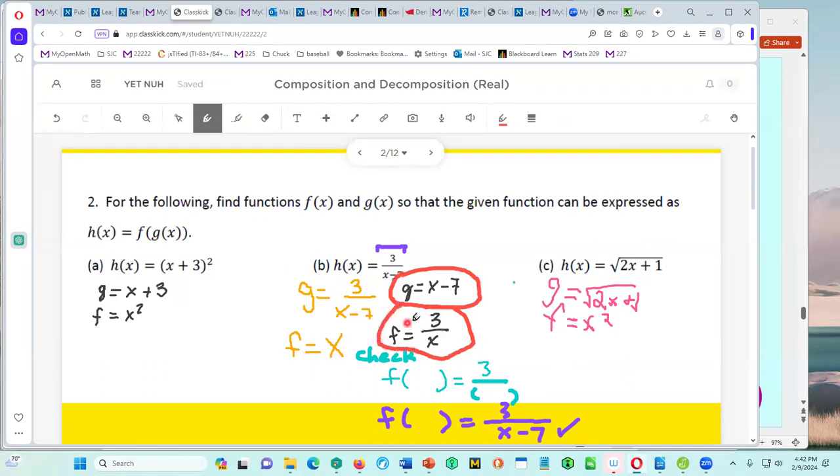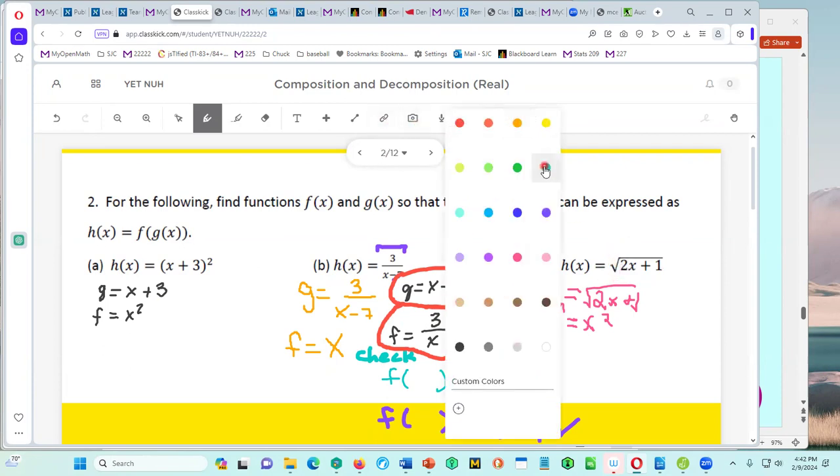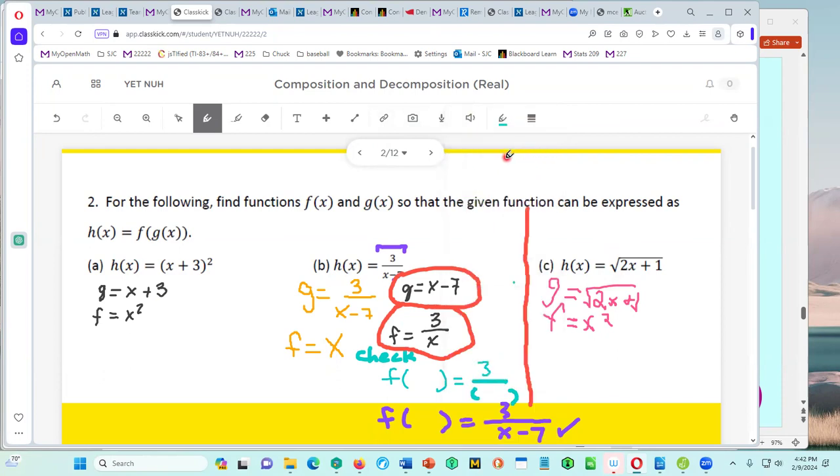Now, I'm using the language of inside function and outside function. In part C here, basically what you've done, Brianna, is write basically the whole thing for g, but that's almost never the right way to do it.